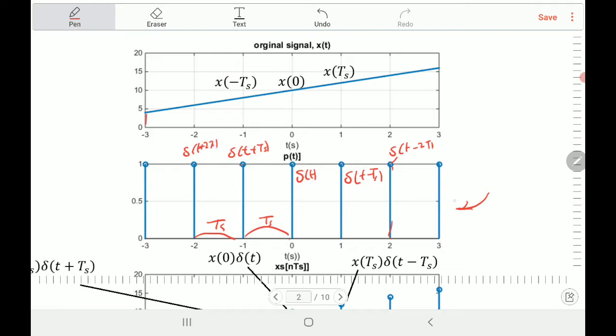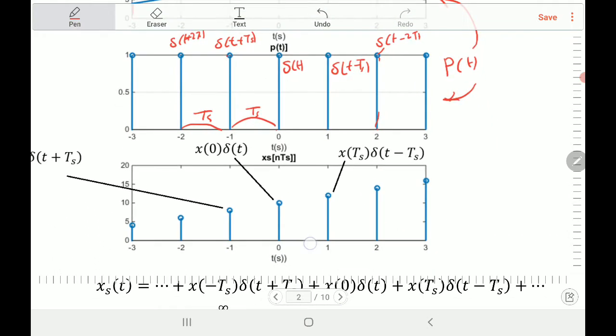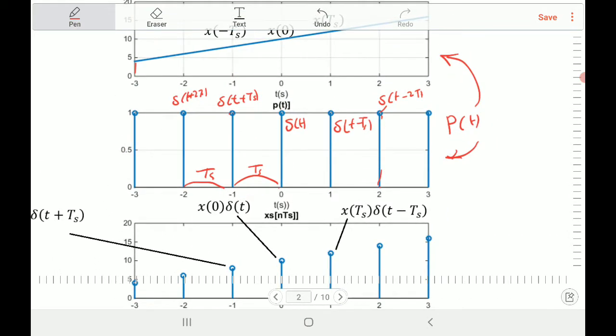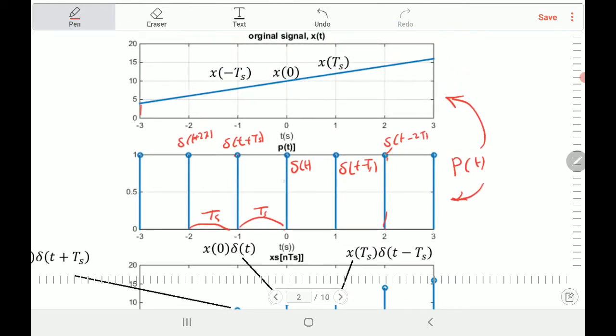So if you multiply this train of pulses by this continuous time signal, then you will get the discrete one here. And you will find each element, like if you multiply delta t by the value here, you will get the value of the function at t equals 0, which is x of 0.